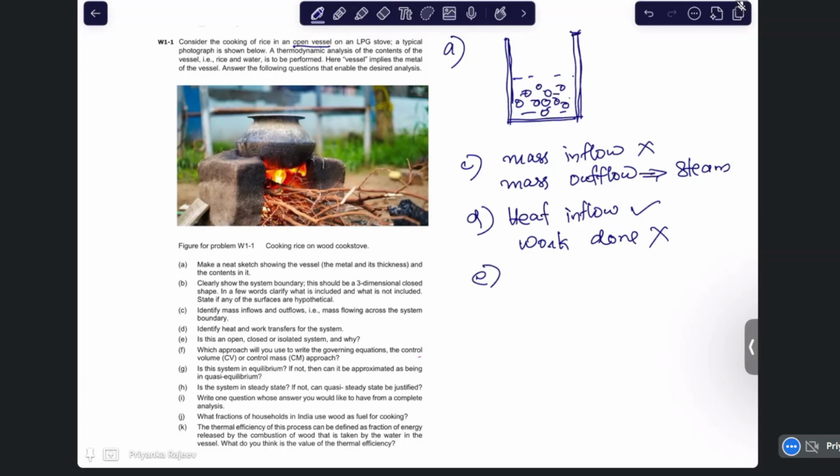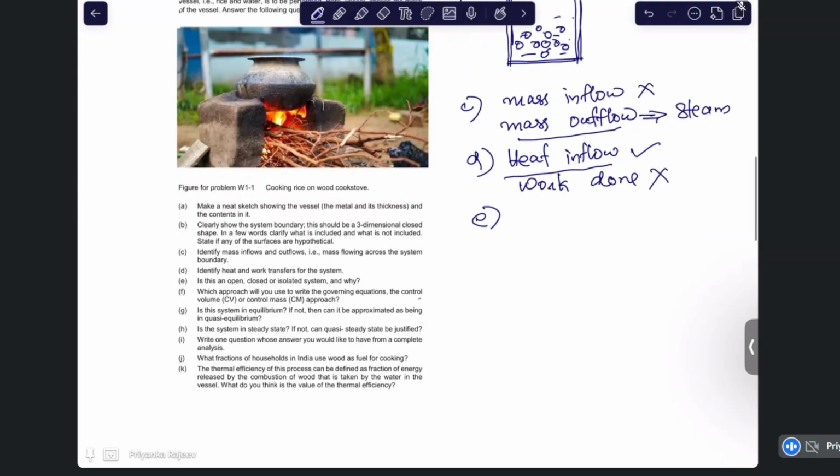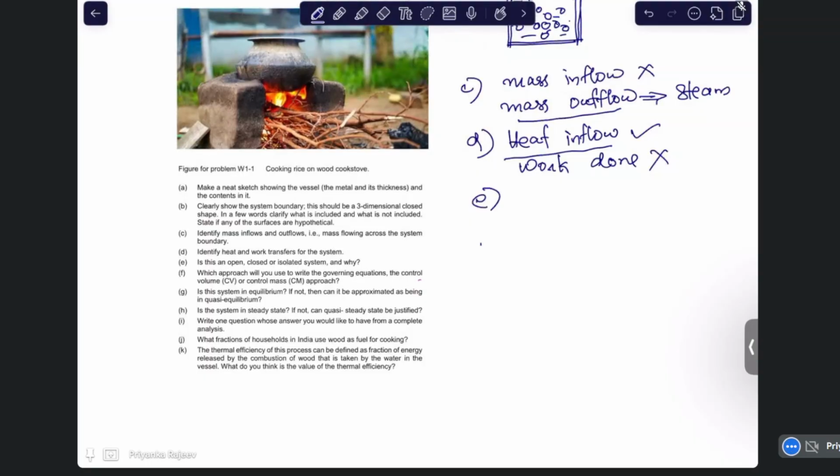Now, is this an open, closed, or isolated system? It is an open system, because there is a mass outflow and energy transfer, also heat inflow. So this is an open system. Then which approach will you use to write the governing equations, the control volume or control mass?